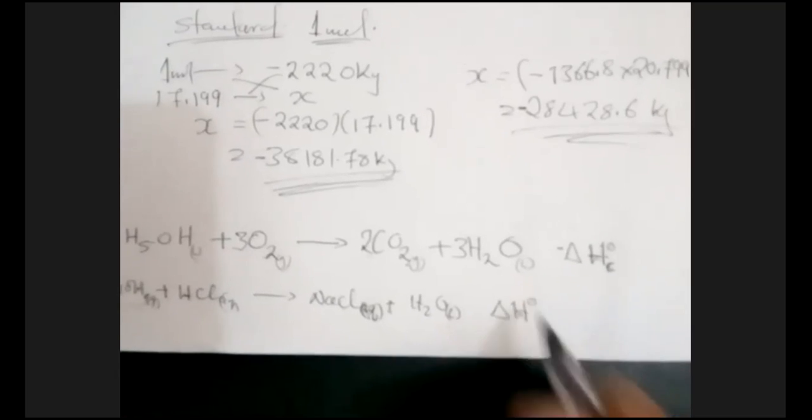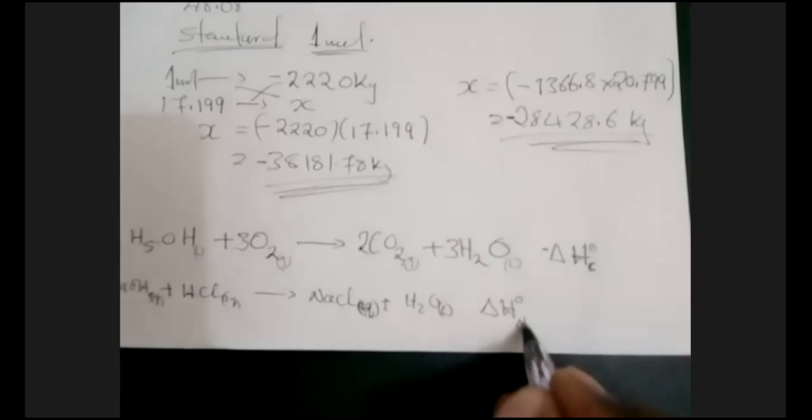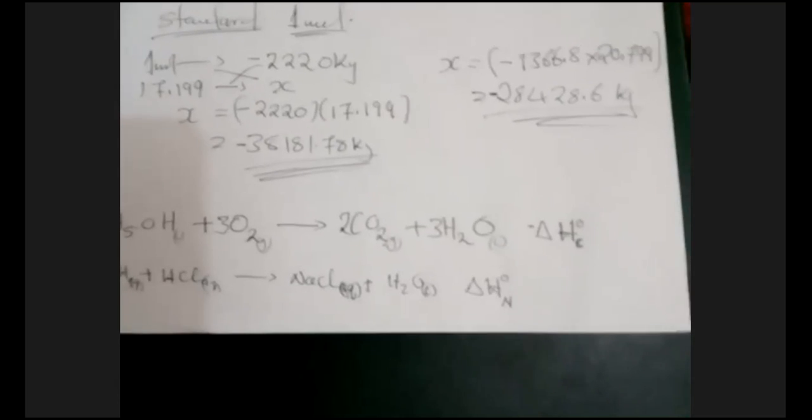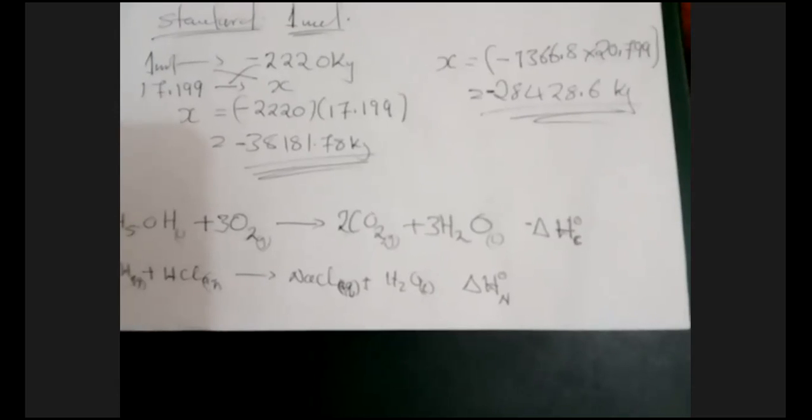Since it is standard enthalpy of neutralization, you're going to put a 0 there, symbolizing standard. And then what standard enthalpy is it? It is neutralization, so N down there. So this is the enthalpy of neutralization. When you put N there, you are representing neutralization.